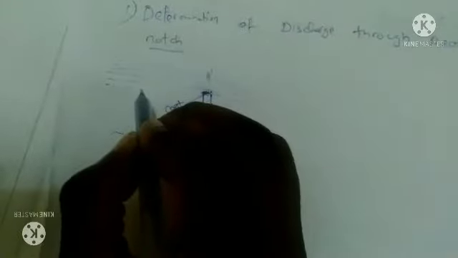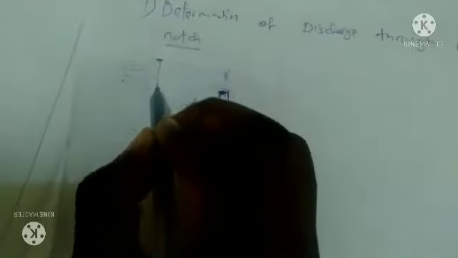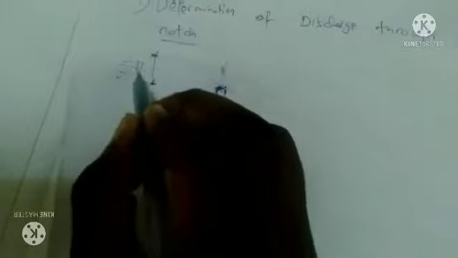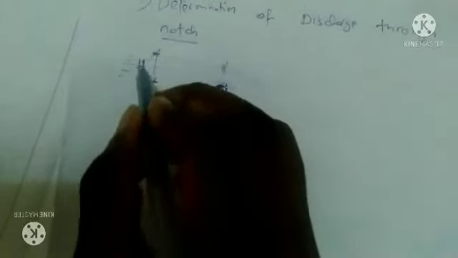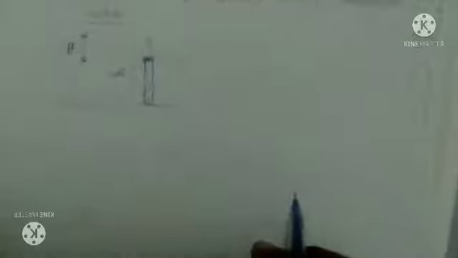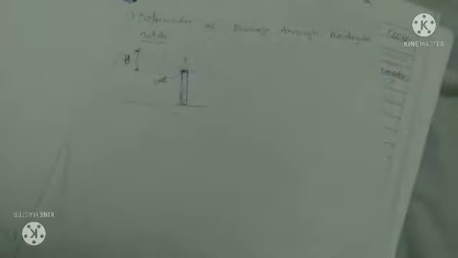So you can see the height of water in the upstream side. This height we call the head of water, denoted by the capital letter H. If you need to calculate the discharge, first of all, because it's very difficult to calculate the discharge for the full shape, we start with a small strip.